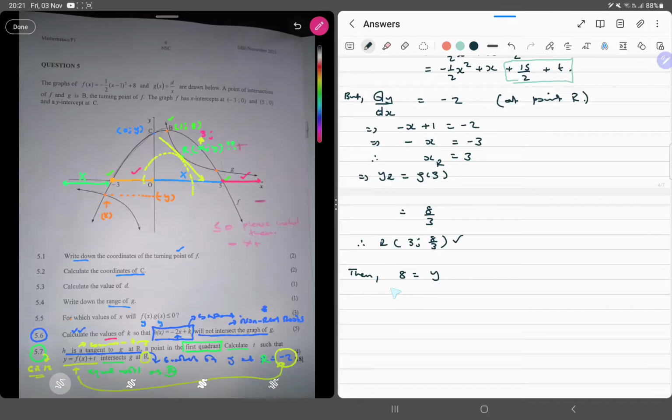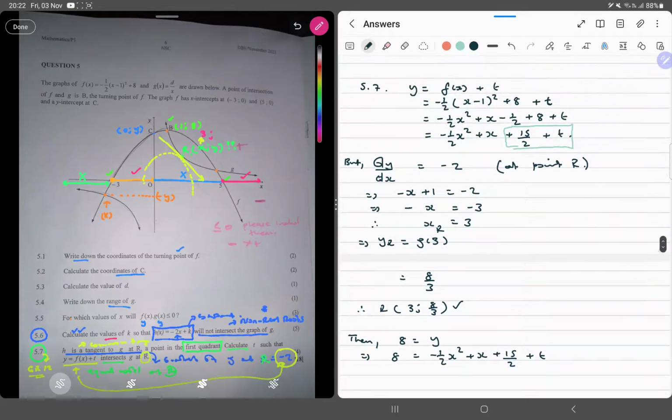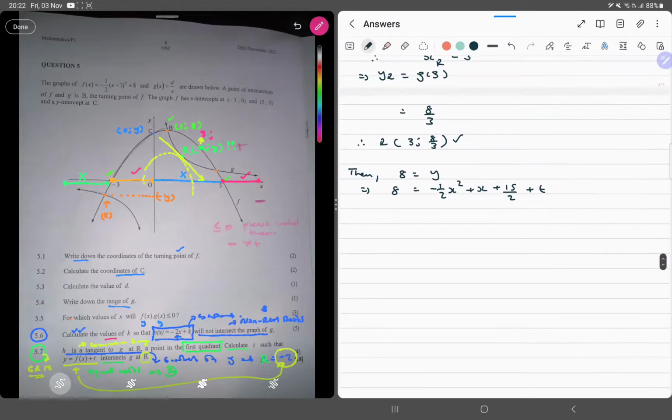But now what is y? This implies that 8 is equal to a half of x squared plus x plus 15/2 plus t, because that was y. Not a problem. Oh no, it's 8/3, isn't it? Yes, when x is 3.